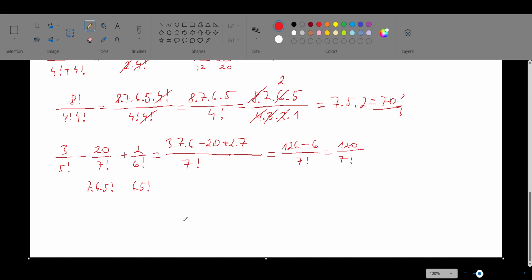Now I'm pretty sure this fraction can be simplified, so the best way to do it is to write number 120 as prime numbers, which is 2 times 60, which is 2 times 30, which is 2 times 2 times 3 times 10, which is definitely 2 times 2 times 2 times 3 times 5.